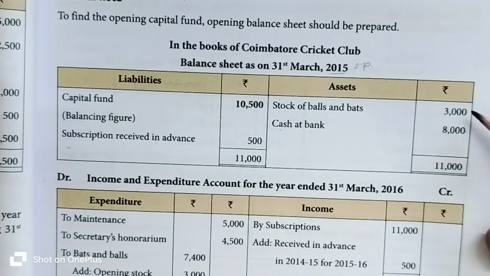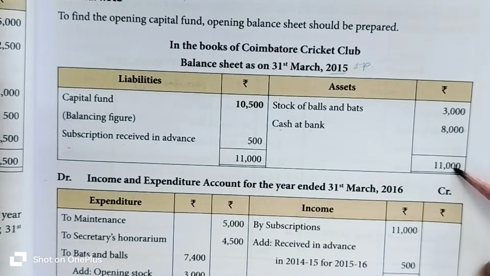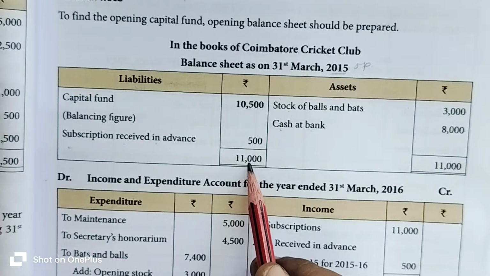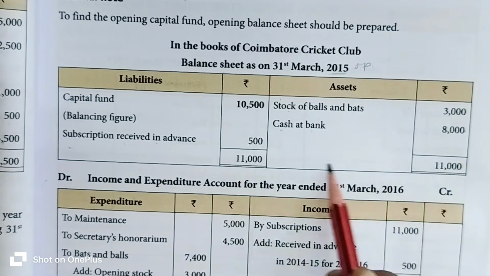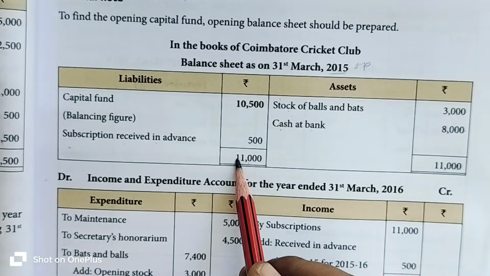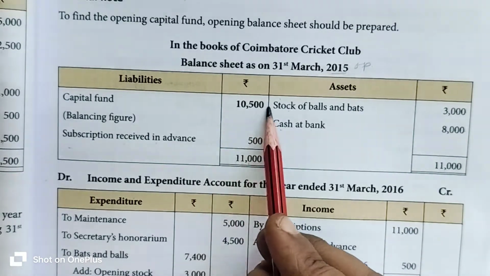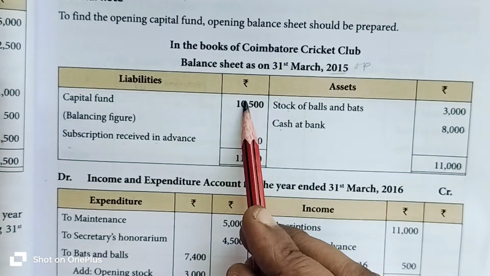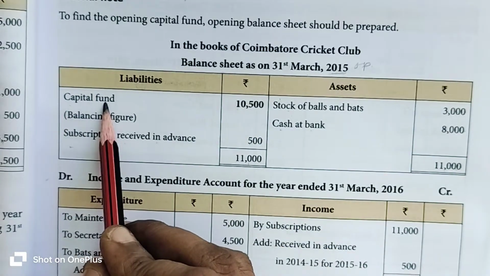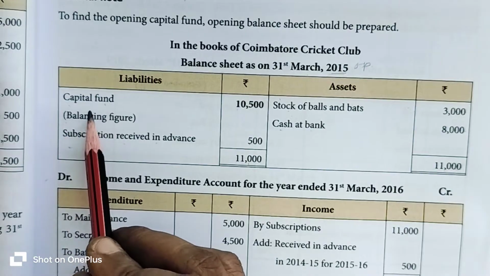We have the higher value on the asset side, so we have to treat that as the total. We have to enter the total on both asset and liability side. Then we have to subtract 500 from the total. You will get the difference. This difference is called the capital fund, the balancing figure.